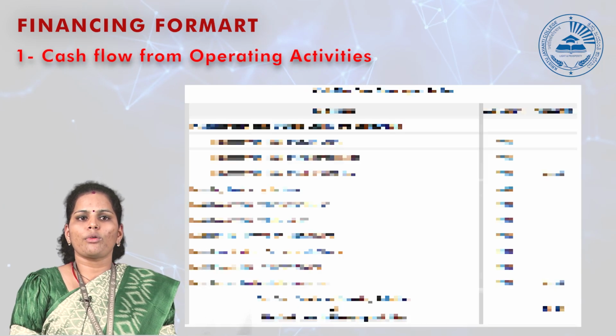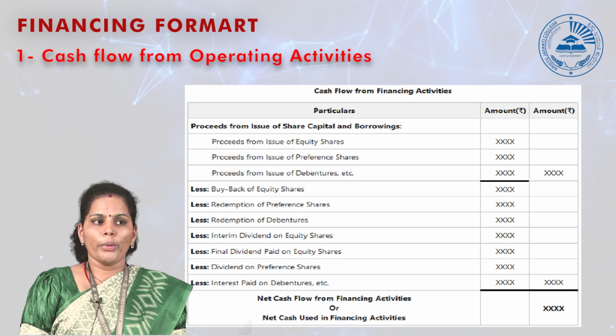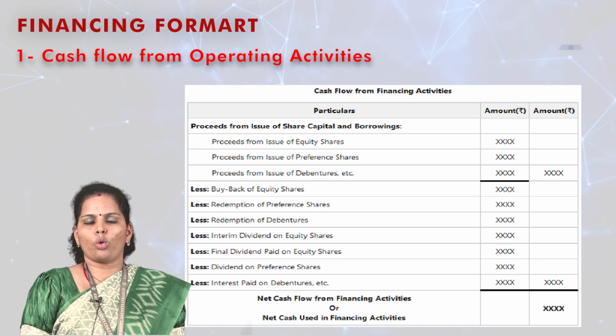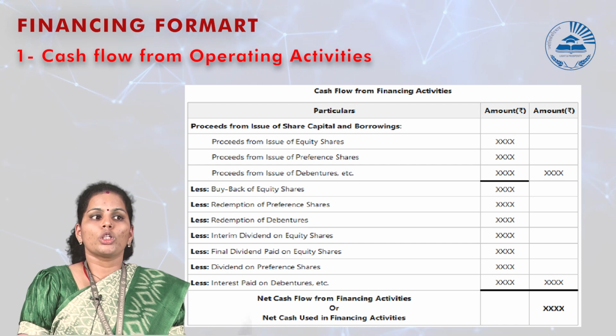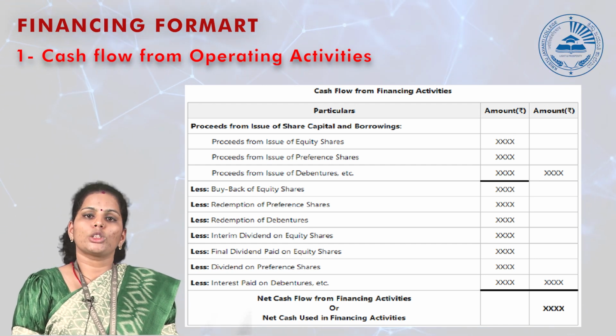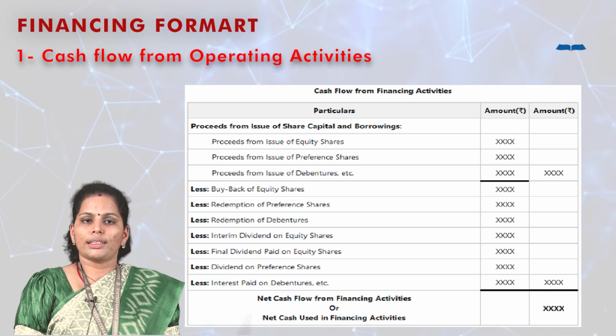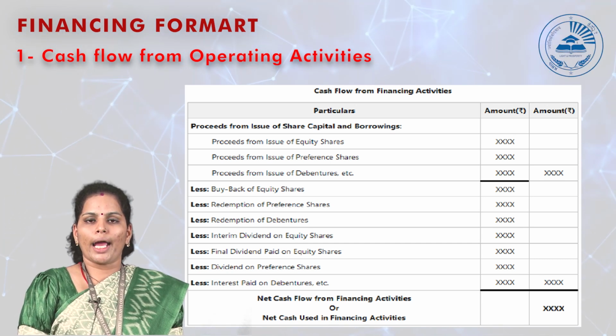First, on the top, you have to write the net profit before tax. It will be given in the question. For that, certain things you have to add: the non-cash items as well as non-operating items.